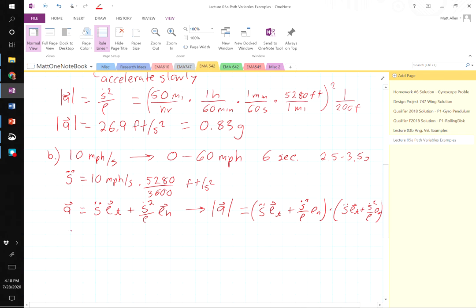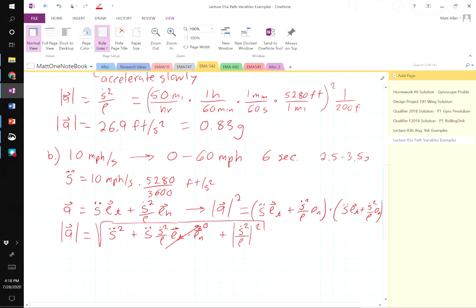And when we multiply that out, this would be the magnitude squared, so we need the square root of this. When we multiply that out, the first term gives us s double dot squared. The second term gives us s double dot times s dot squared over rho, et dot en. And these are orthogonal, so that's 0. So the only other term that survives is this one, squared.